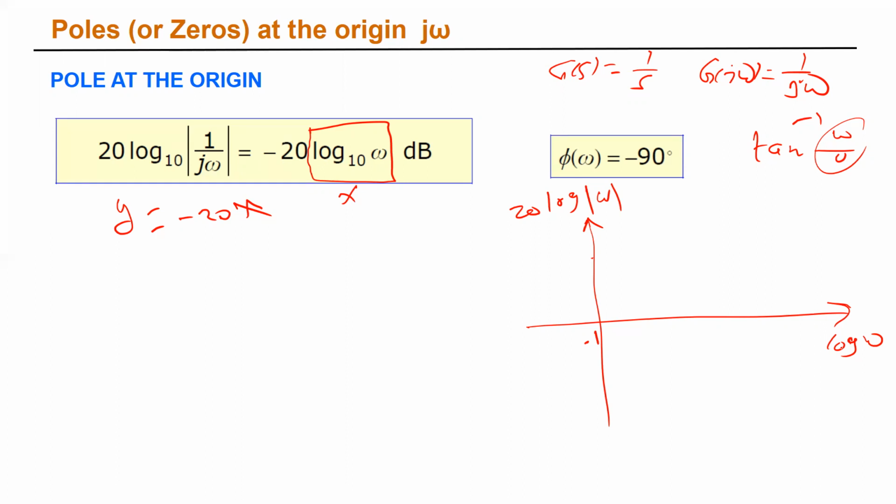Forget about my graph. I need 20 log base 10 of 1 over j omega at 0.1. Can you evaluate this? Can you give this value? Yes, now it's 20. So minus 20, and I have minus here, so it will be 20 dB.